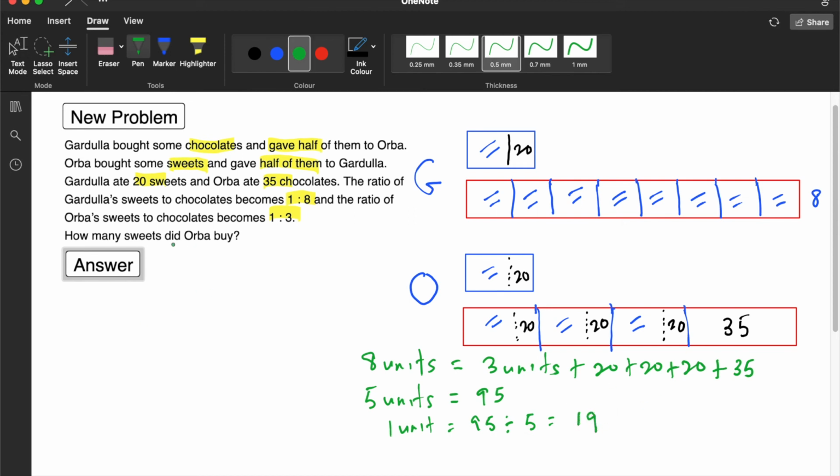So how many sweets did Orba buy? You must remember that actually Orba bought 2 times of this because he gave half of them to Gardula. So the answer would be 19 plus 20, which is 39, and then we have to multiply that by 2, 78. That's the final answer.